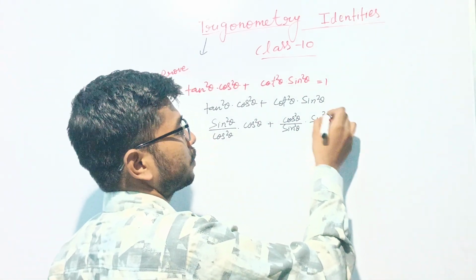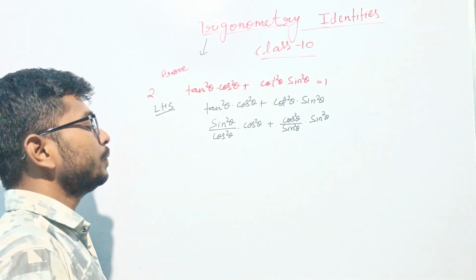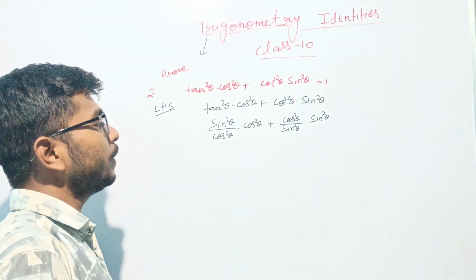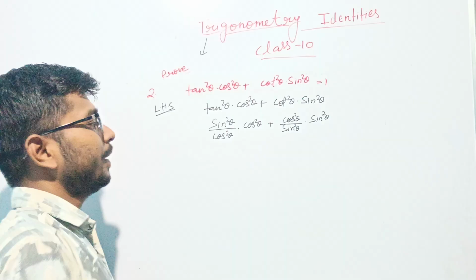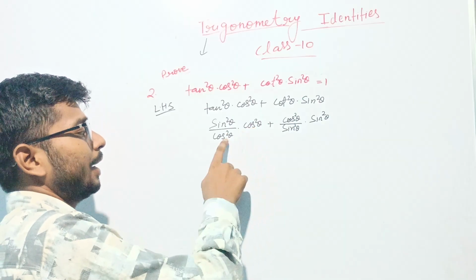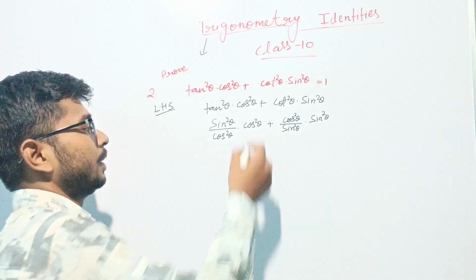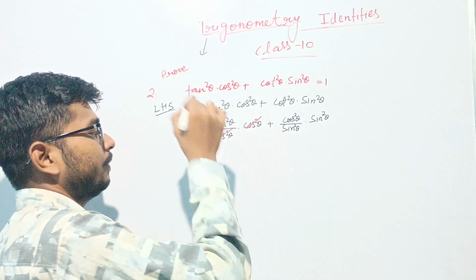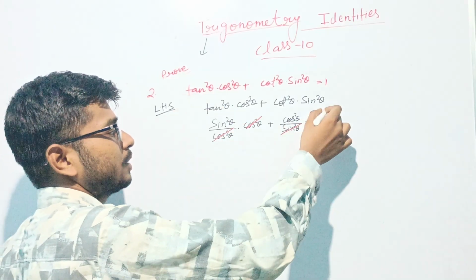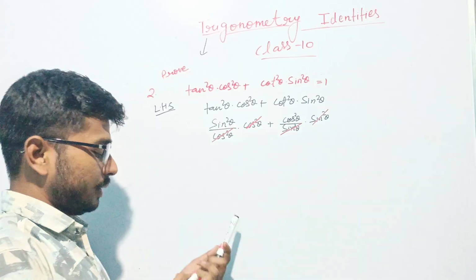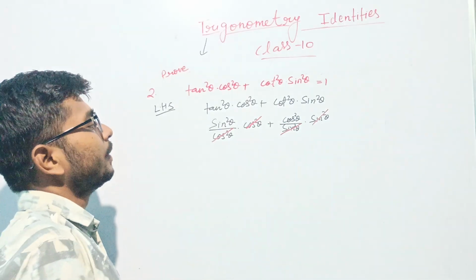Now see carefully, we can cut. One term is in the numerator, another in the denominator, and both are the same. Cos square theta we can cut, and sin square theta we can cut.